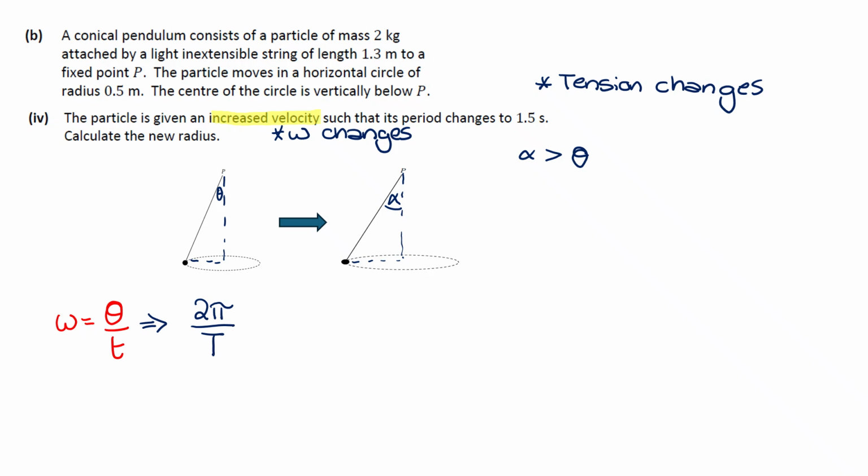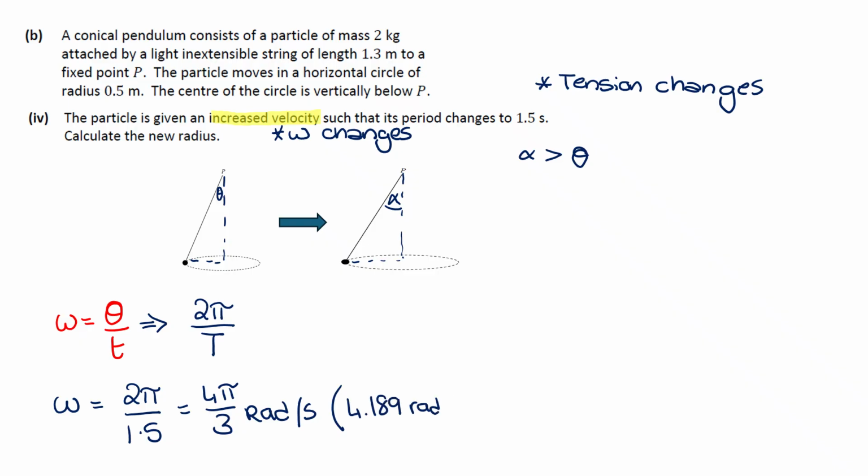So omega is equal to 2 pi divided by 1.5. Leaving this in terms of pi, that's 4 pi over 3. That's the new omega. Or in decimal, it works out to about 4.189 radians per second.